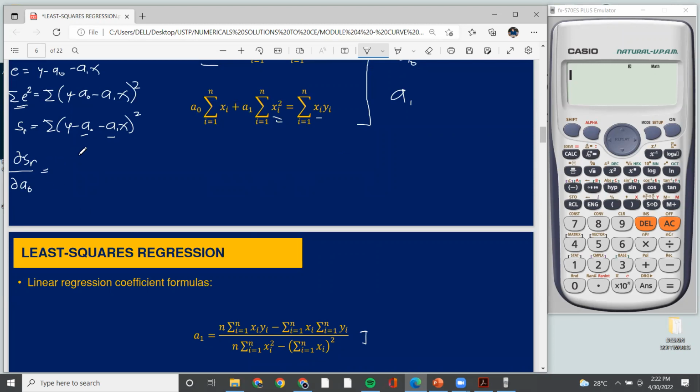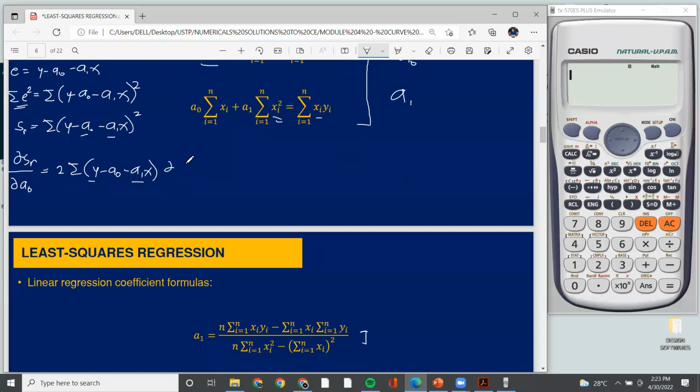So equal to, okay, bring down 2, then summation of y minus a sub 0 minus a sub 1 x.